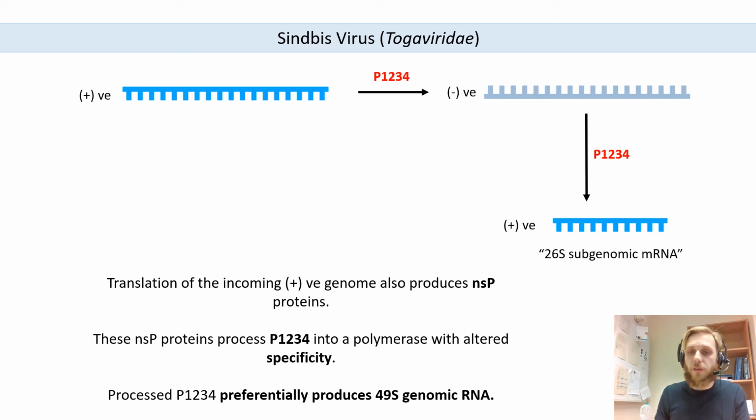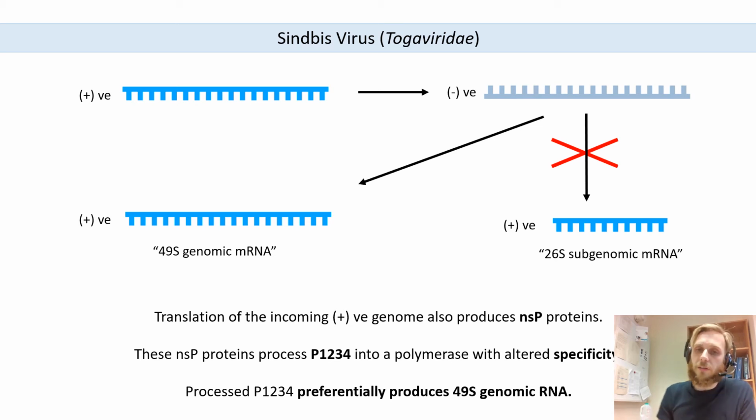So once these NSP proteins have acted upon P1234, you'll see that P1234, which is again an RNA-dependent RNA polymerase, will change the way it acts upon the negative sense RNA strand, and you will no longer get 26S subgenomic mRNA produced from the negative sense RNA strand. You'll get 49S full-length genomic RNA produced.